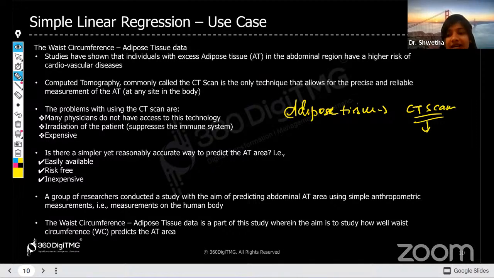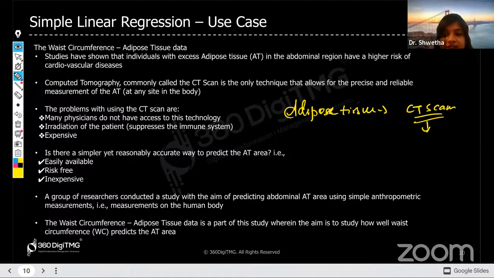We want to find out the adipose tissue and also reduce the risk of heart diseases. But a CT scan was the only option, and we have so many issues with the CT scan. So more research was being done in this area to try to understand how much adipose tissue there is. Research was being done for a simpler way, which should also be accurate, to predict the adipose tissue.